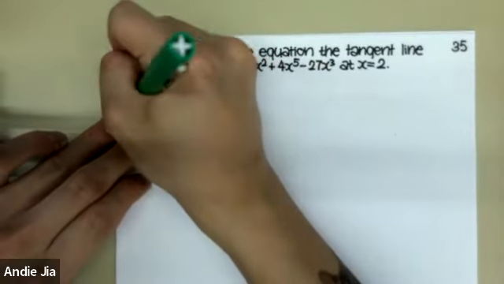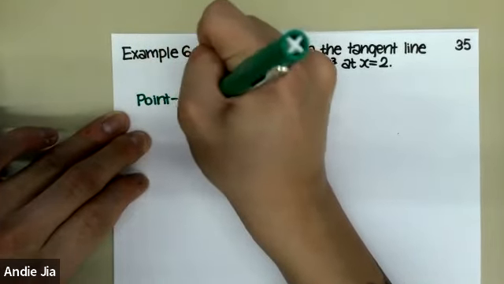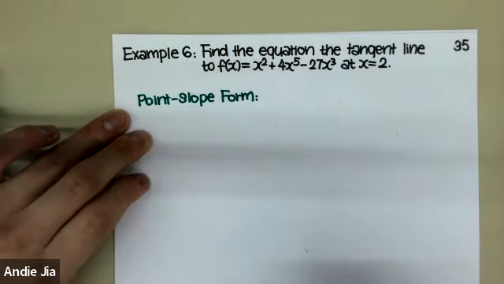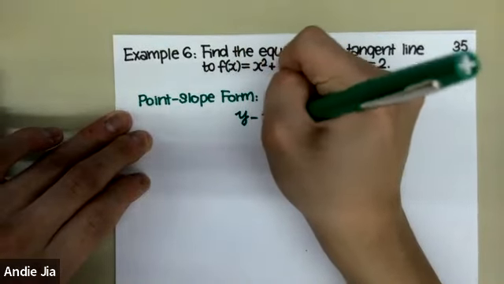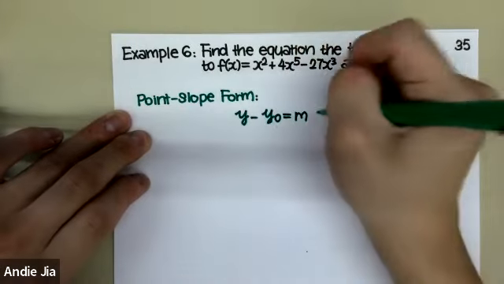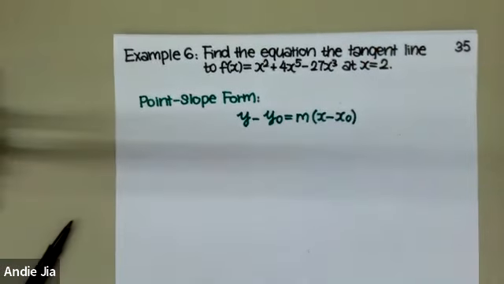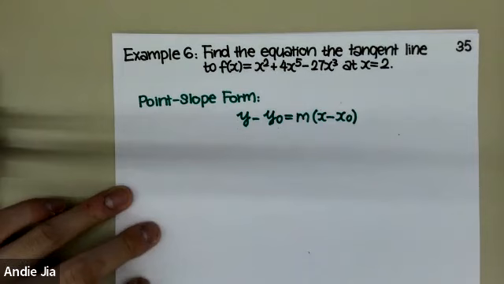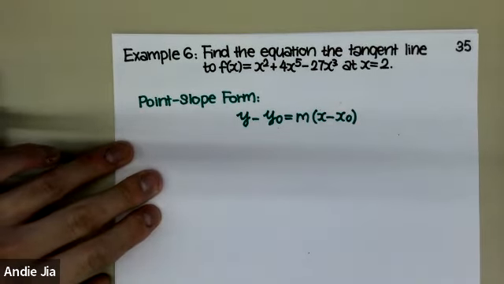It is y minus y0 equal to m times x minus x0. This is the point slope form for the tangent line. So we need to find what f prime of x is.